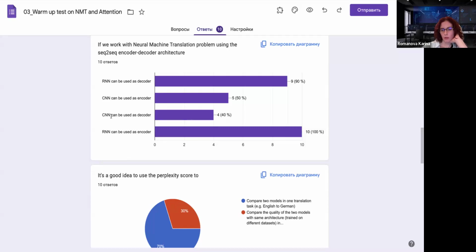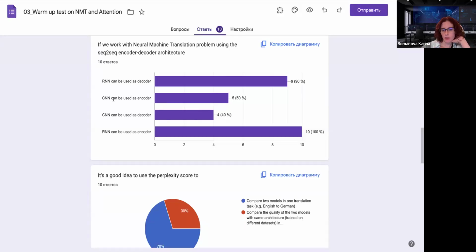Recurrent neural networks are commonly used as decoders in sequence-to-sequence architectures, because we can effectively handle sequential data, making them suitable for generating translations.